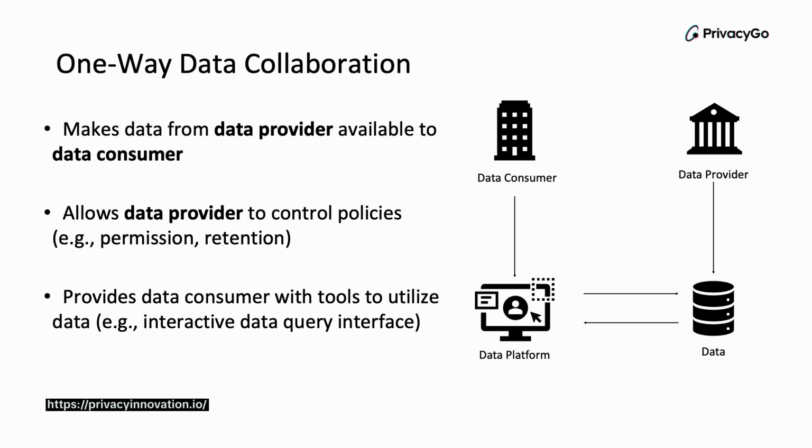In such a framework, the data platform allows the data provider to control policies on the data. The policy includes not only access permissions, but also various privacy policies, such as data retention. Also, the platform may provide the data consumer with tools to utilize the data, such as an interactive query interface.